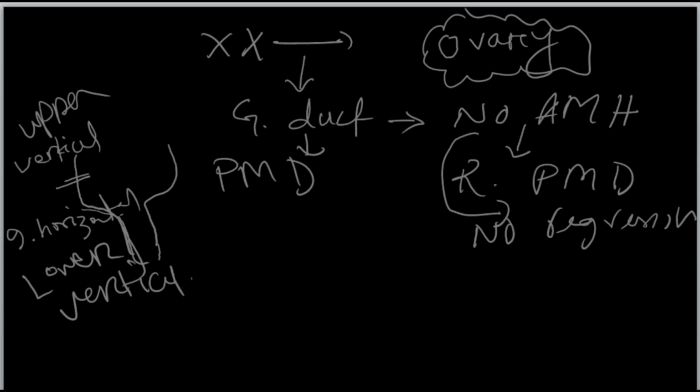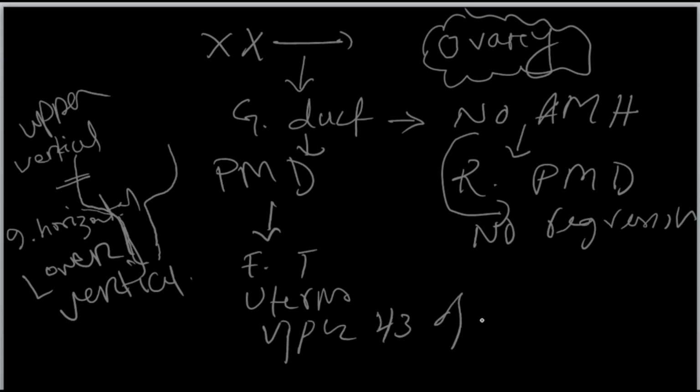These structures fuse to form the fallopian tube, uterus, and upper two-thirds of the vagina.